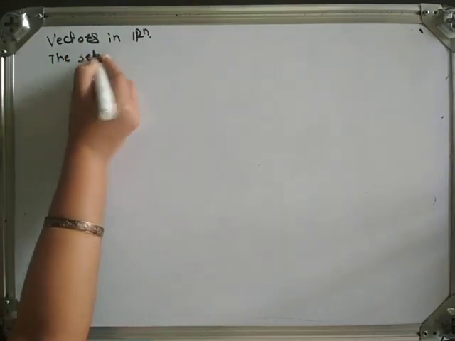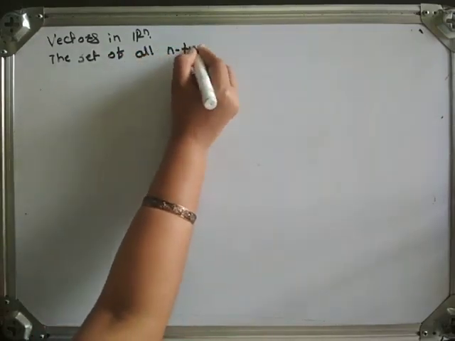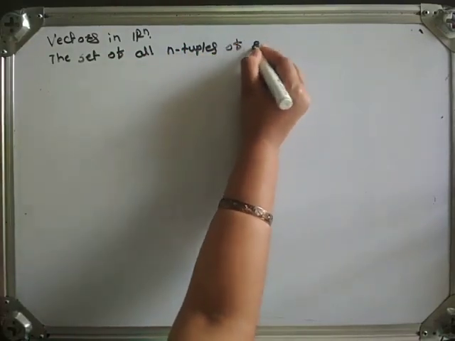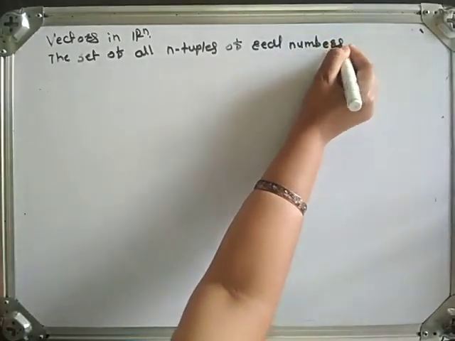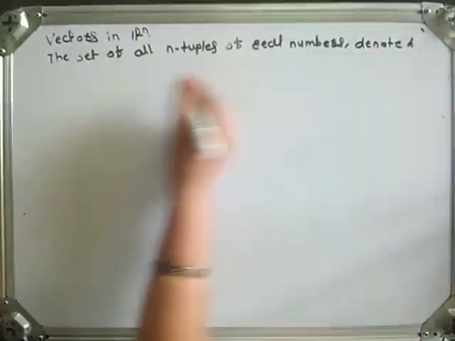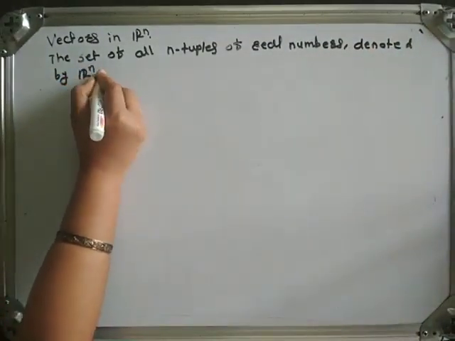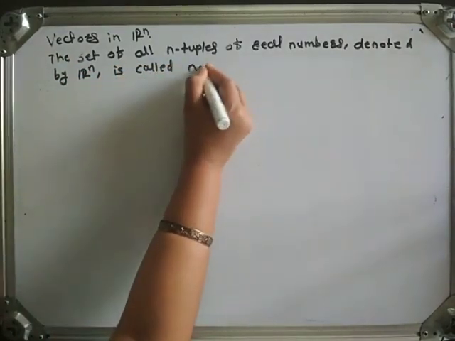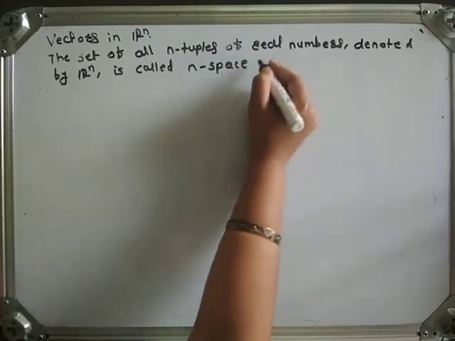The set of all n tuples of real numbers, denoted by Rn, is called n space.